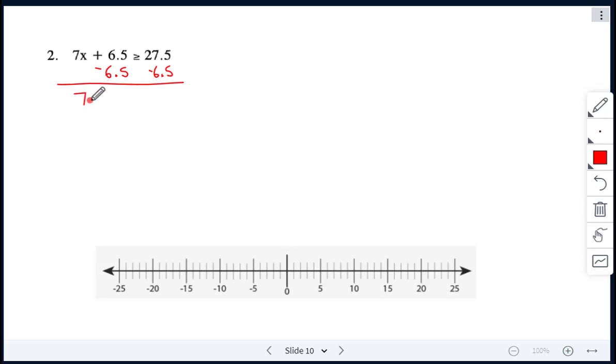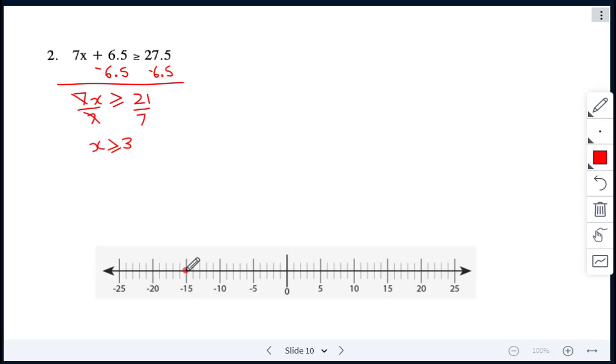That leaves me with 7x is greater than or equal to 21. And then we're dividing by 7. Again, we're just dividing by a positive number, so our symbol is just going to stay the same. So that becomes x is greater than or equal to 3.